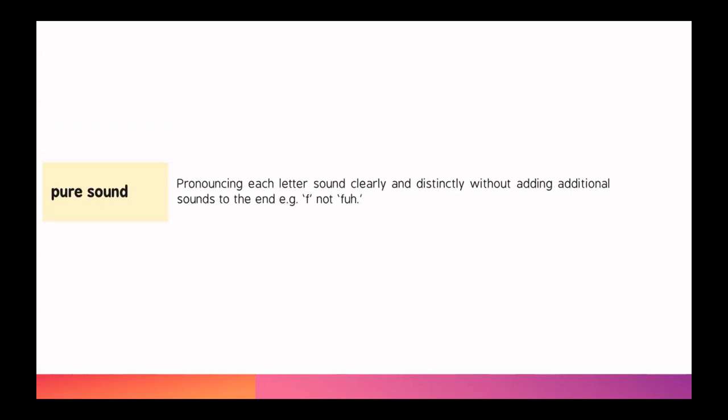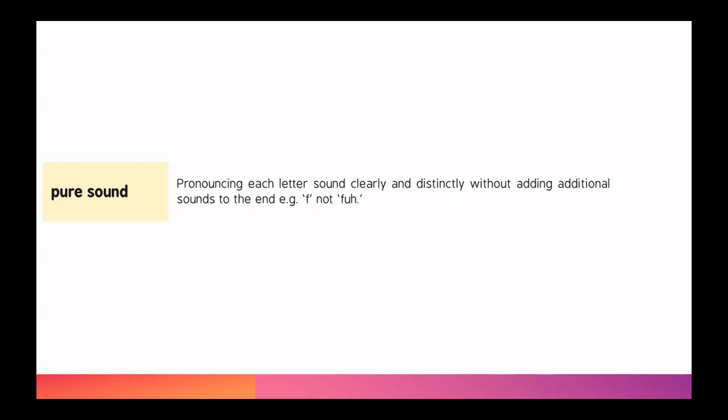Then you have the pure sound. So you might hear someone say, when you're teaching phonics, you use a pure sound. So a pure sound just basically means pronouncing the letters clearly and distinctively without additional sound. For instance, the one that most people struggle with is the b and the p. So people may go "buh, buh, buh."